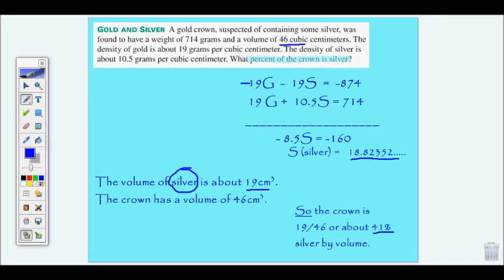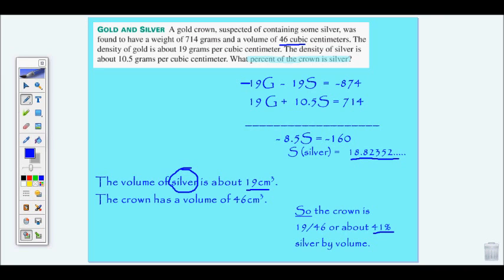So following the book, we end up with negative 19G and negative 19S, and then we multiplied to get that new total, which is negative 874. When I combine them, the G's cancel out, and I get negative 8.5 of the silver equals negative 160.